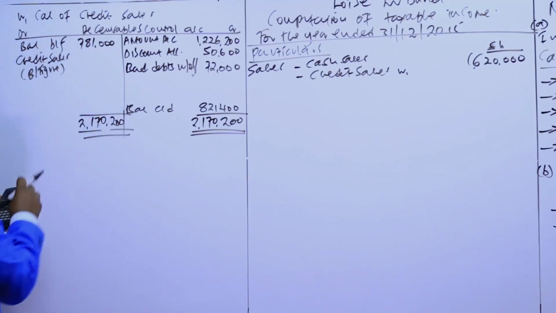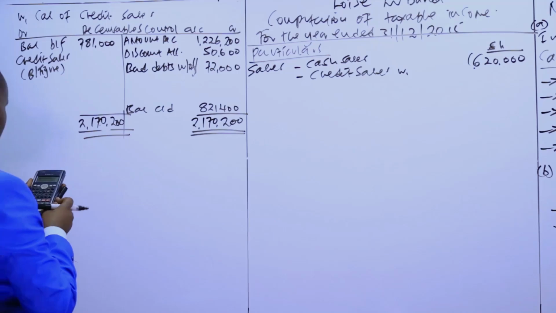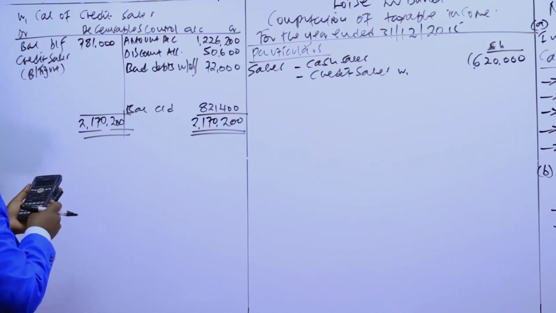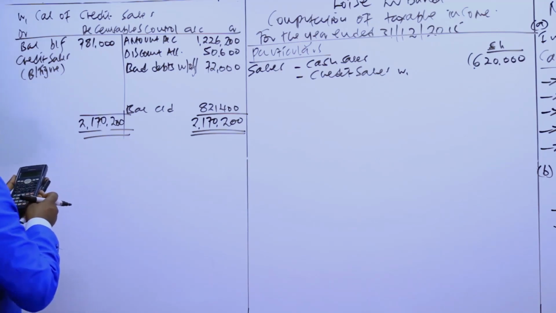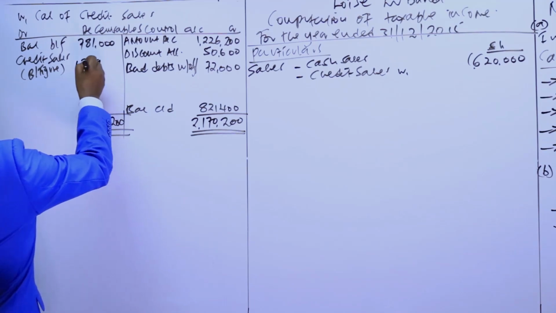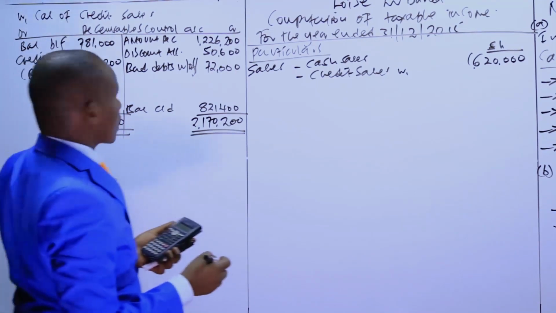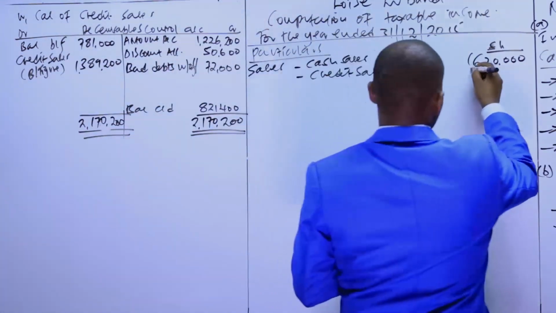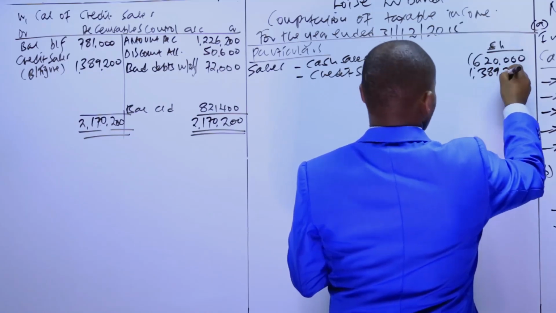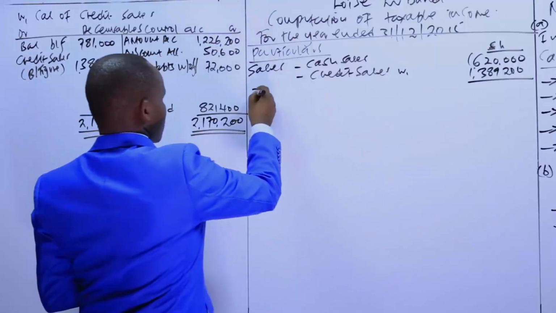I subtract 781,000, and I get 1,389,200. That is the figure for the credit sales.